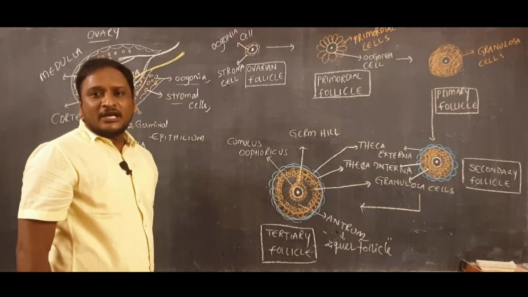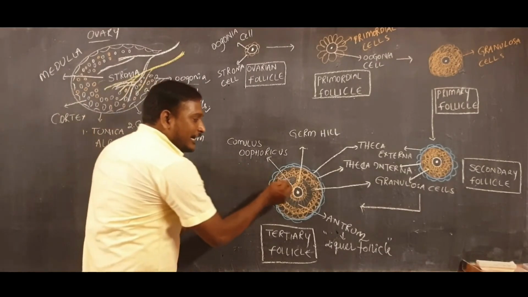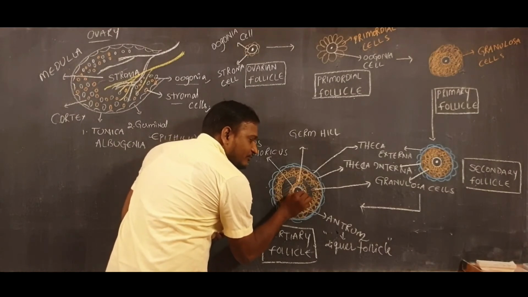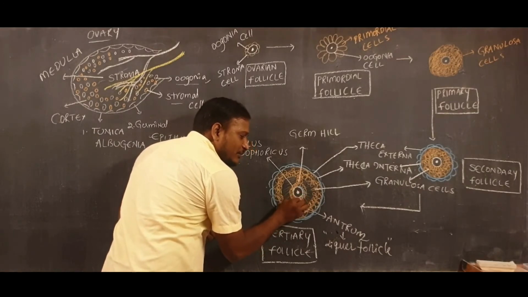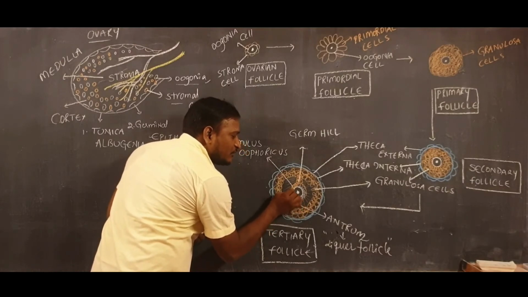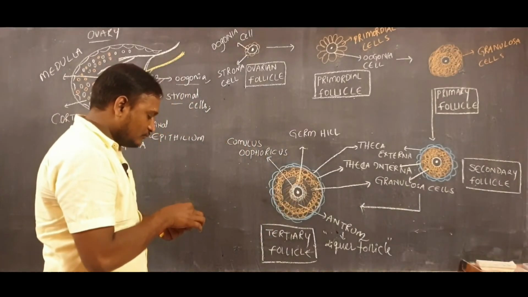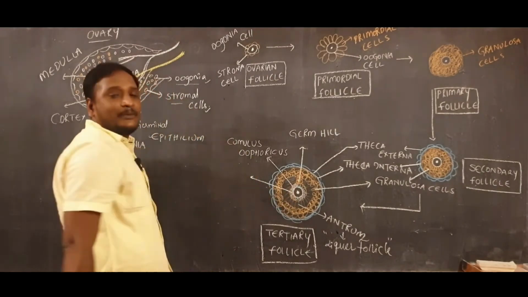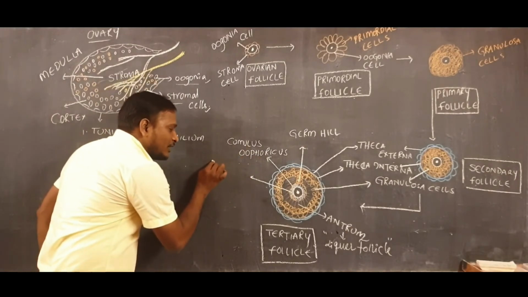And within the cumulus oophorus, there are elongated cells or very closely packed cells. In that, some cells are very closely associated with the female gamete. Those cells are also called corona radiata. So the cells which are attaching to the female gamete, which are part of the cumulus oophorus, are also called corona radiata.